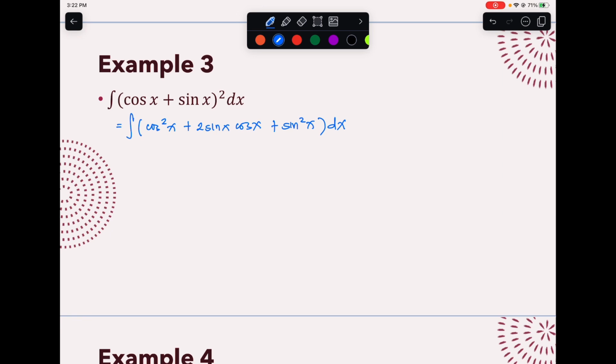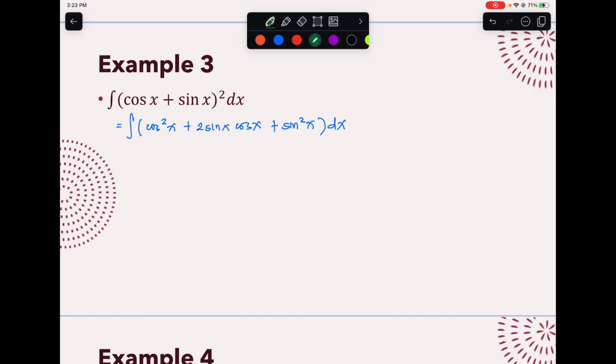Now again, we don't have a direct integral for cosine squared as well as for sine squared. For sine x cosine x, we can do this by power rule. But as you can see here, there's something we can simplify. We can even simplify the given integrand.